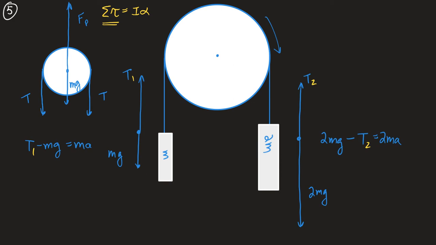Now we are going to have to deal with the torque acting on the pulley, because it's experiencing two unbalanced torques. I'd probably argue that T1 has got to be less than T2. So that's probably new information.